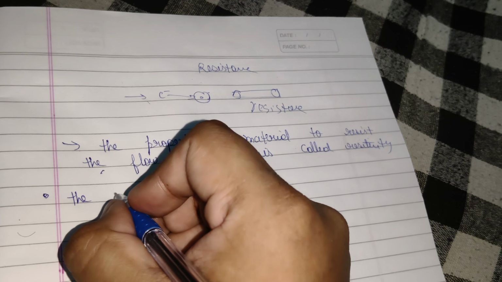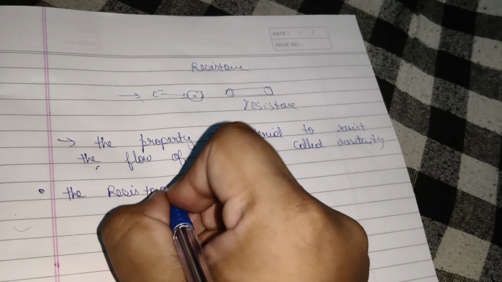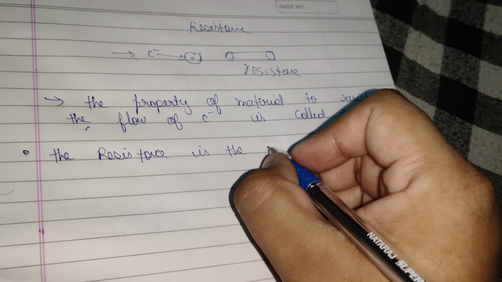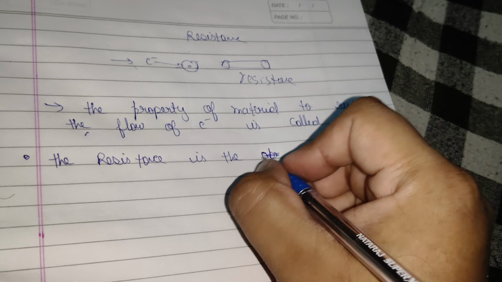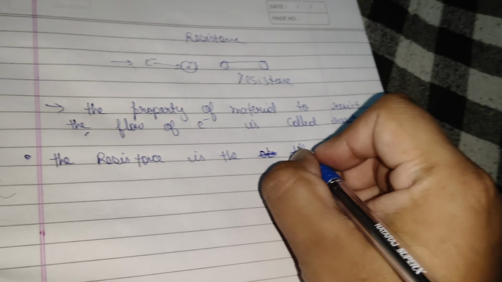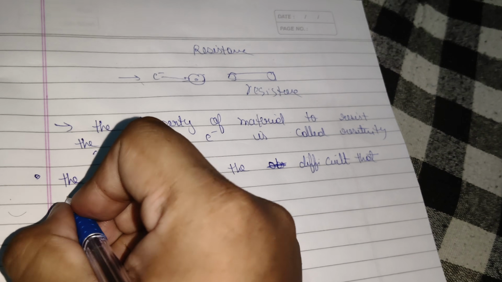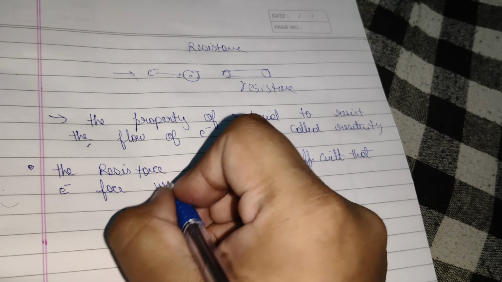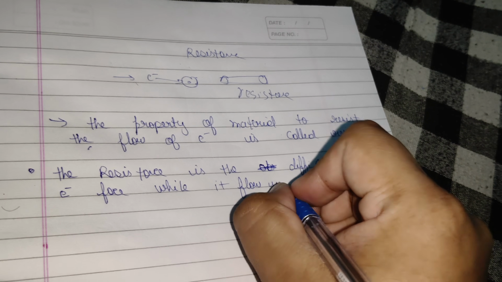The resistance is the obstacle, or difficulty, that electrons face while flowing in a conductor.